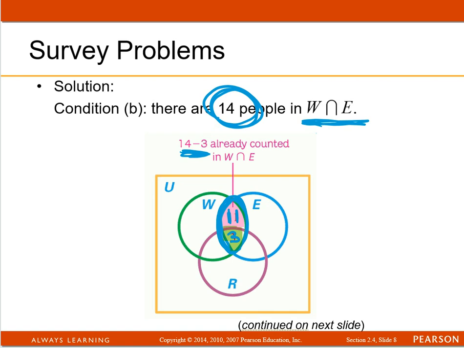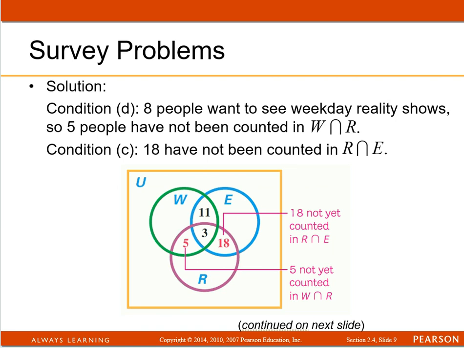I would do what's next. Choice D said that there were 8 people who wanted to see weekday reality shows. Weekday and reality is this intersection.